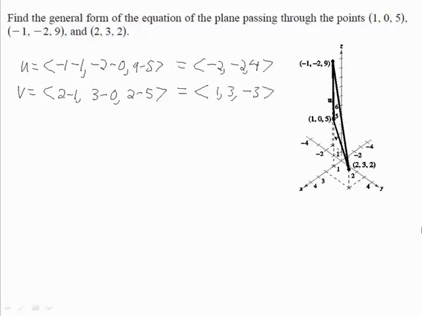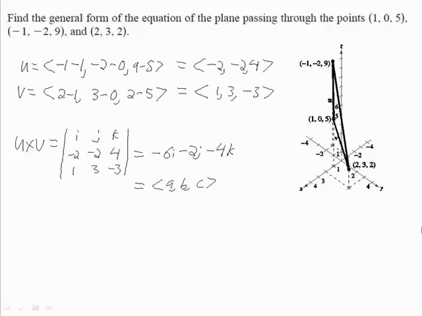Then the cross product of u and v is equal to the determinant with rows i, j, k; negative 2, negative 2, 4; and 1, 3, negative 3, which is equal to negative 6i minus 2j minus 4k, which is equal to the vector a, b, c.